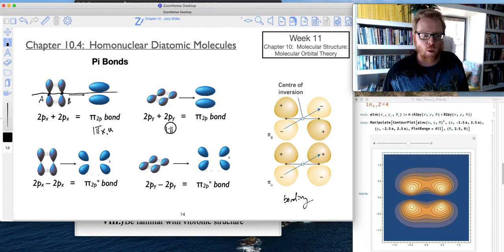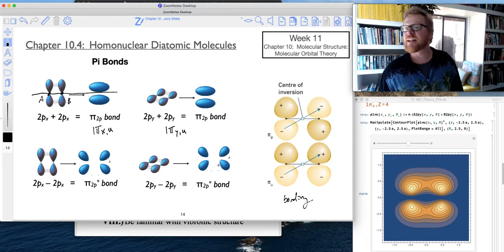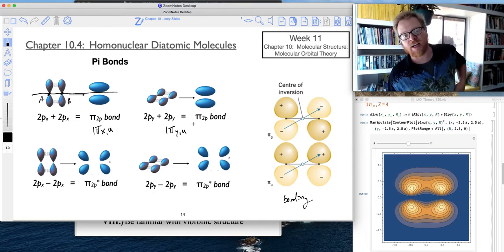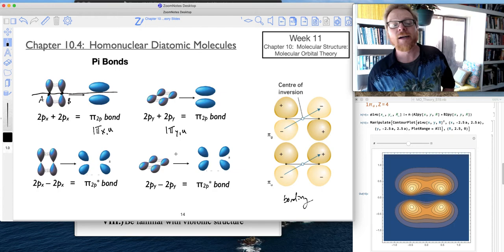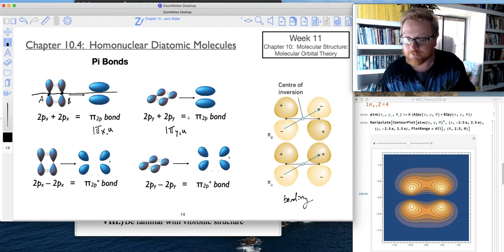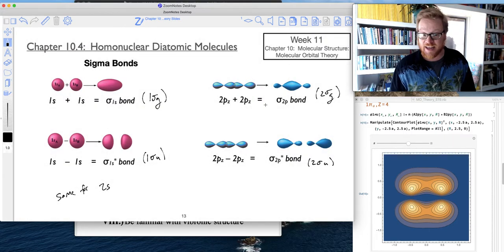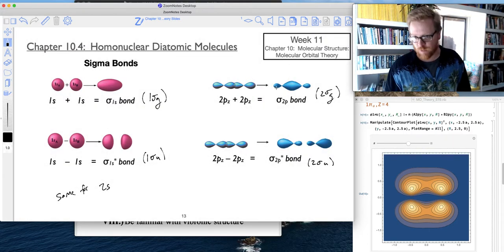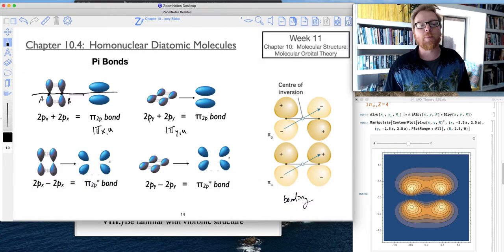I'll call this the 1 pi yu. And we don't know which is which. It doesn't matter which one we call x or y, but what's important to note is it's not z. The 2pz makes a sigma bond. The 2px or the 2py make our pi bonds.